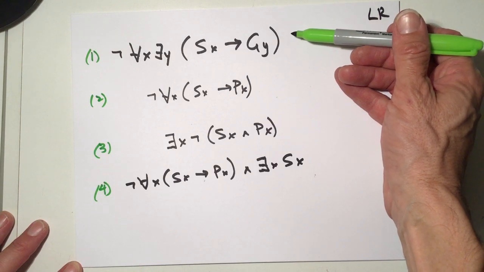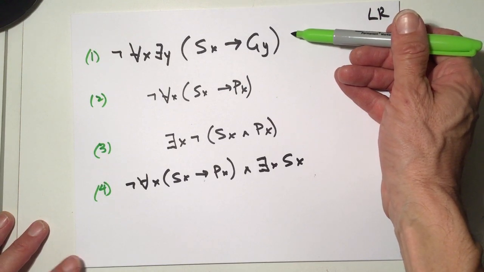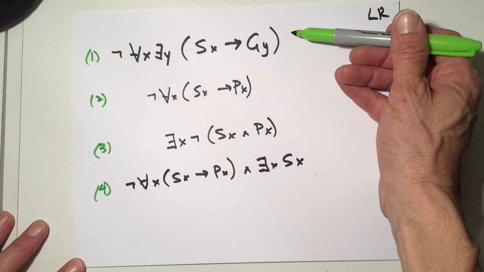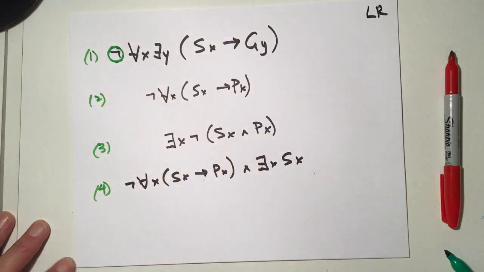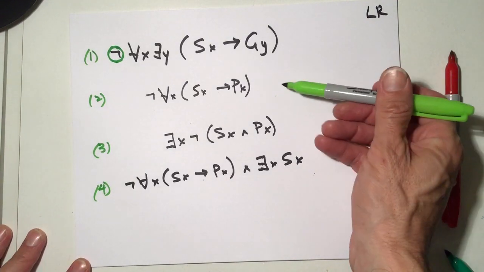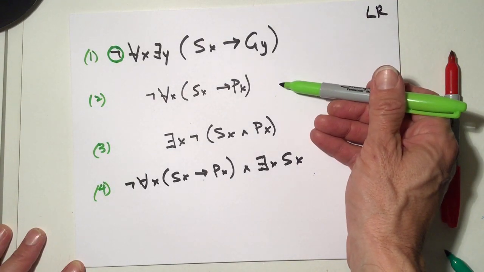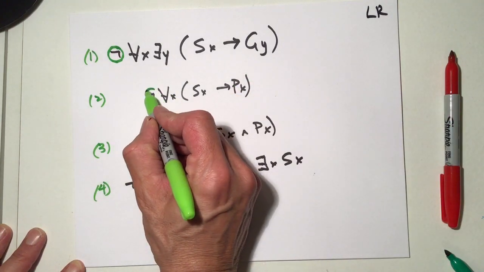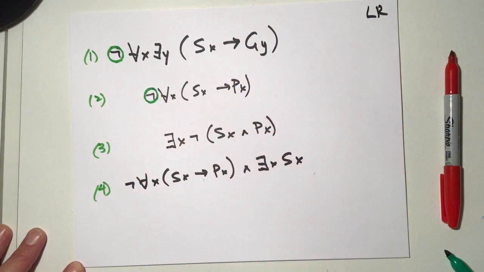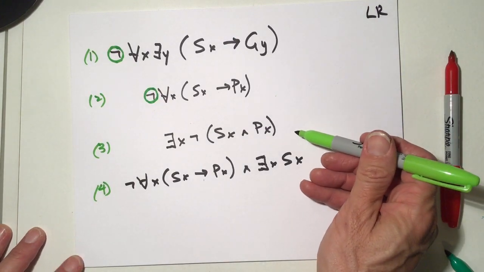In number 1, what is the main logical operator? Is there a binary connective outside all parentheses? No. So then I look to the leftmost logical operator. That's the main logical connective. Sentence number 2. Is there a binary connective outside all parentheses? No. So I look to the leftmost logical operator. That's the main logical operator. Sentence number 3.